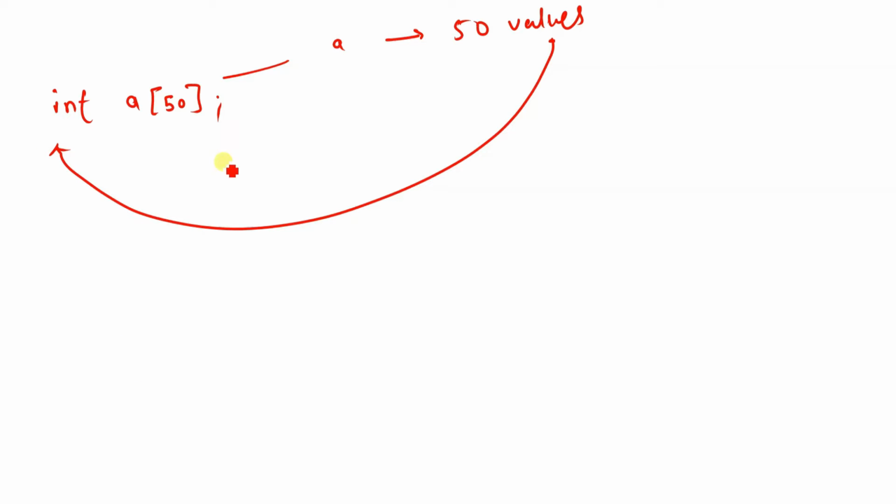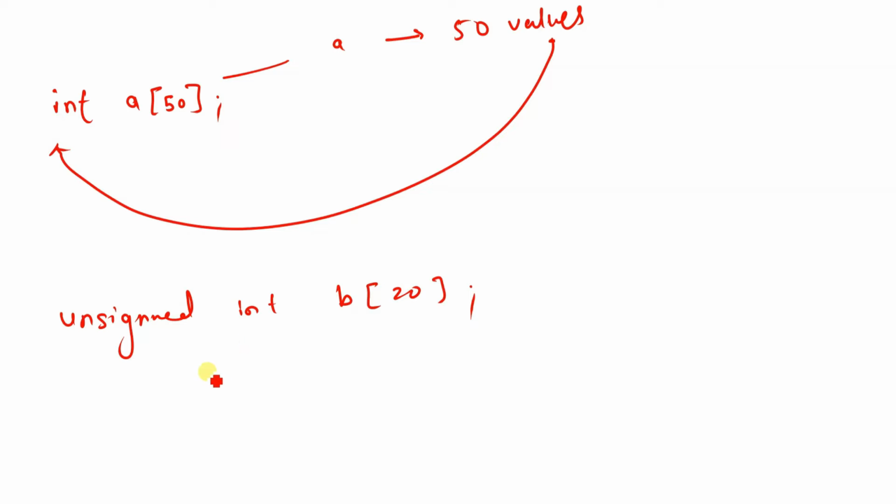It means a is nothing but a collection of 50 signed int values. Similarly, you can write down unsigned int, let's say b[20]. What it means is b can be a collection of 20 unsigned integers.